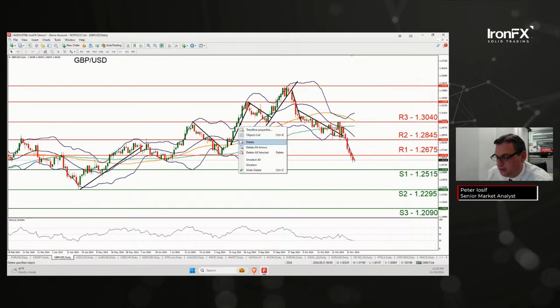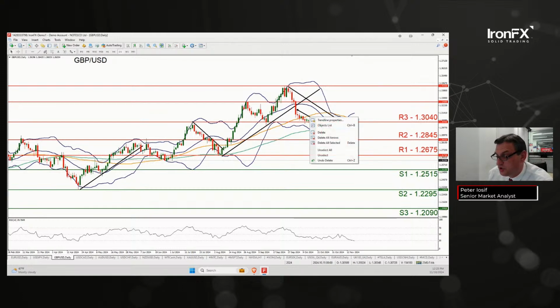In my opinion, the fundamentals regarding the pound are quite worrying. And I'm saying this because we have the UK Finance Minister, or if you prefer, the Chancellor of the Exchequer, Rachel Reeves. On the one hand, she seemed determined to cut through the red tape for the regulations regarding the country's crucial finance industry, in the services sector.